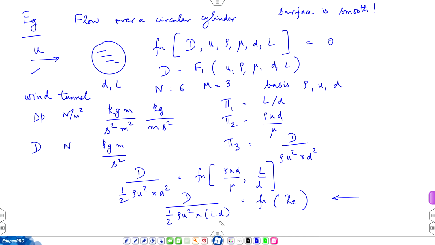So, this product of L and D, see this is D and times L. You can imagine that L times D is the projected area of the cylinder with respect to the flow direction. So, this L times D is given a symbol A P, projected area.